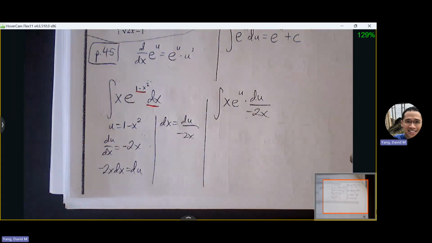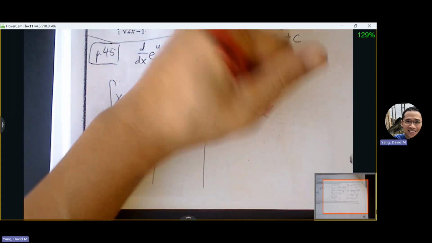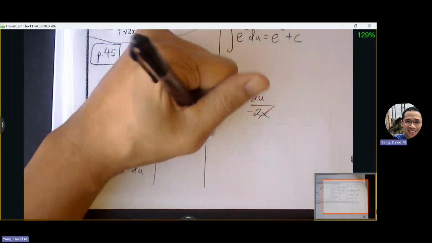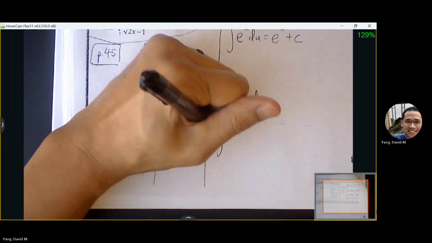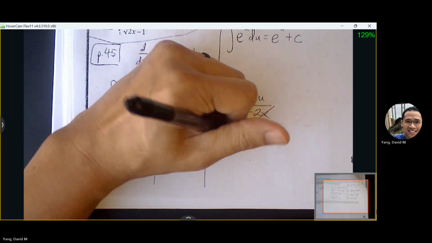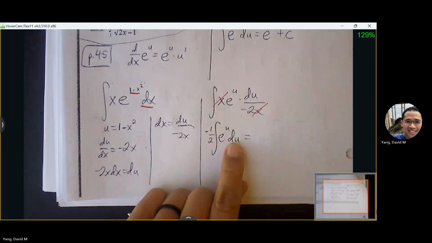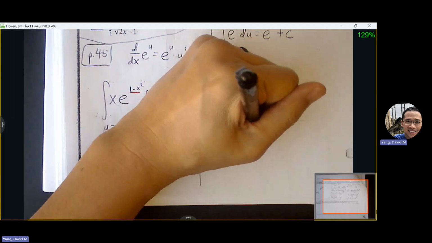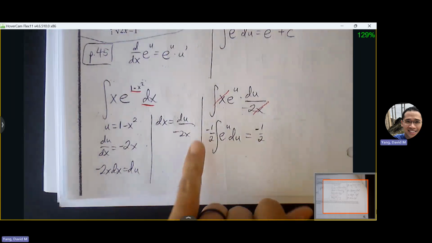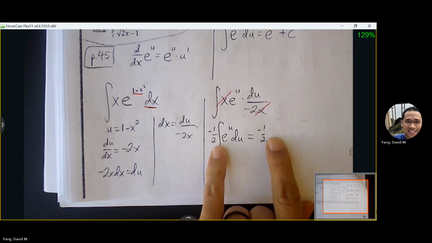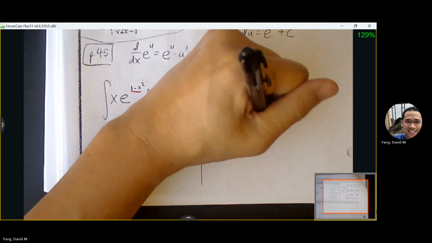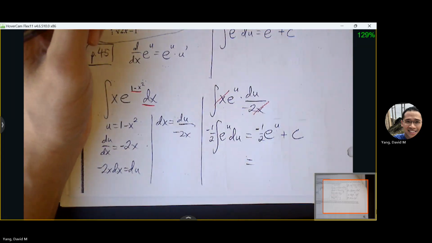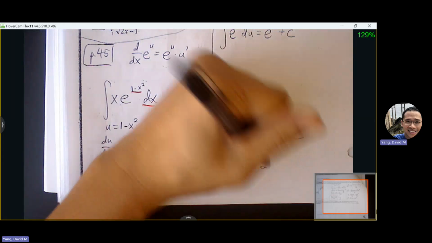The x's cancel out, which is great. It's a good sign. But we've got to keep track of what? Negative 1/2. Okay, so we take the antiderivative of e to the u, the negative 1/2 stays. So the integral of e to the u is just what? Just e to the u. And then replace the u back in terms of x.